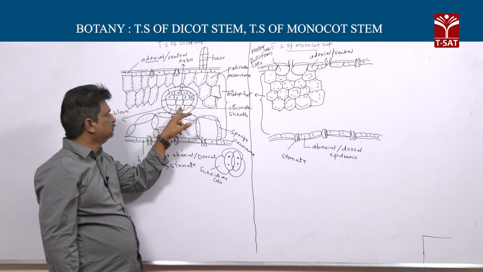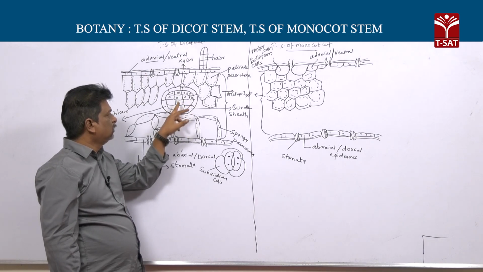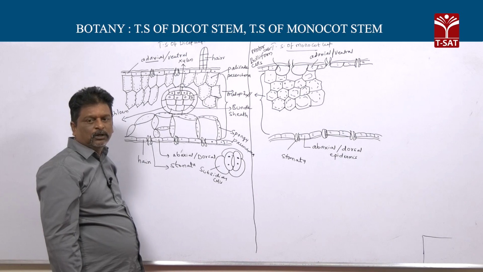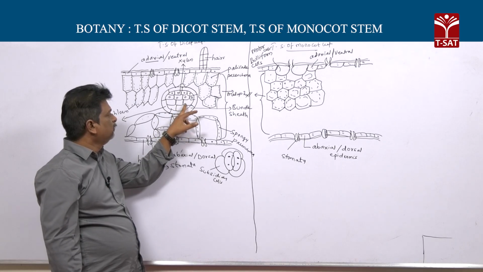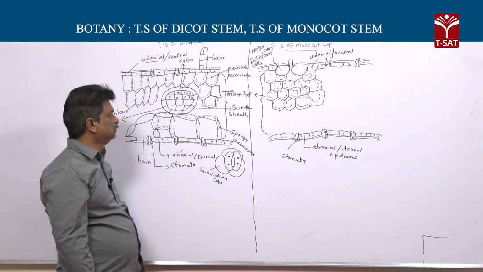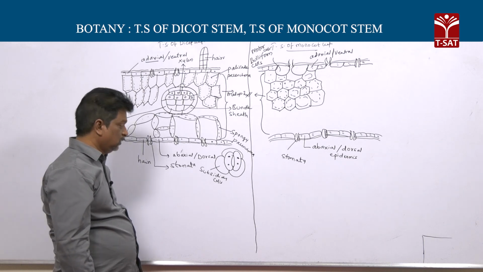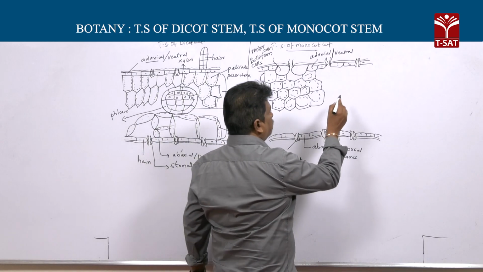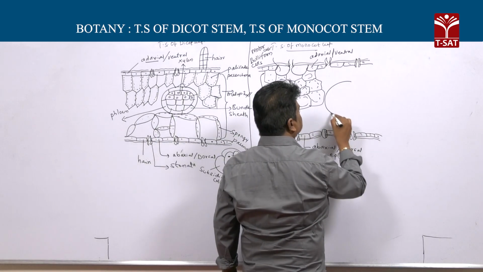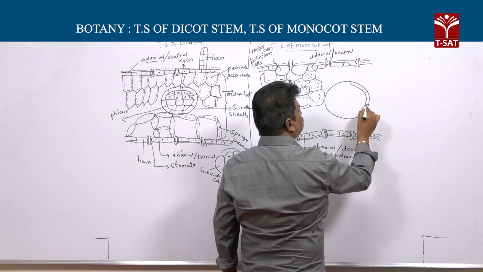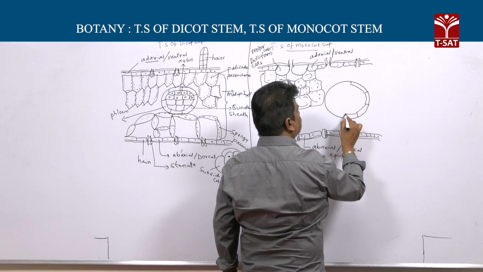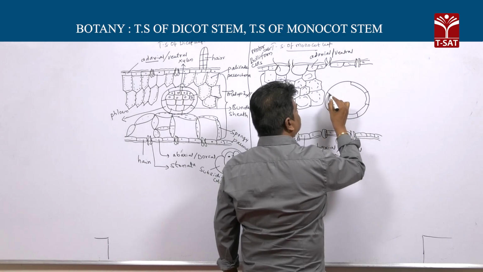Xylem and phloem are joined, called conjoint. Between xylem and phloem, cambium is absent, called closed vascular bundles. Vascular bundles are collateral, conjoint and closed in both dicot and monocot leaves.